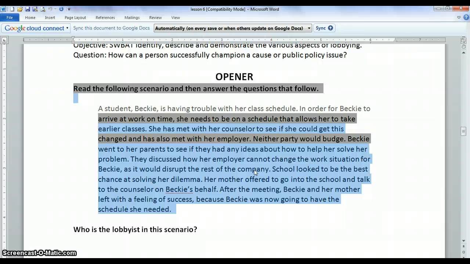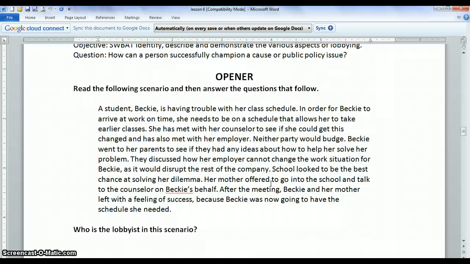She's met with her counselor and her employer, but neither would budge, so Becky gets her parents involved. They discuss how the employer cannot change the work schedule, and so they decide to look at the school. Becky's mother offers to go to school, talk to the counselor on her behalf, and after the meeting, Becky and her mother are left with a feeling of success because Becky was now going to have the schedule she needed.